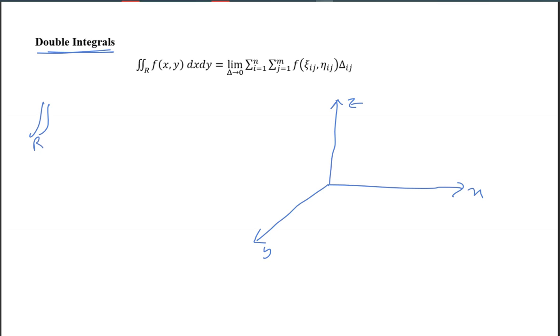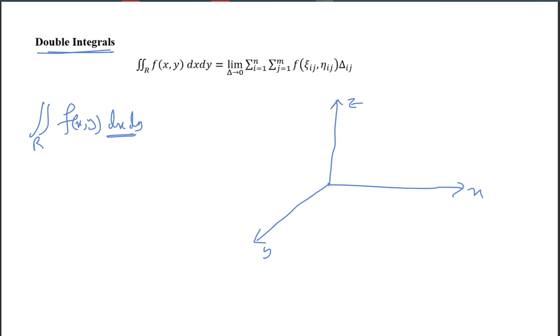The integration we write represents a double integration over a region. Previously we had integration along a curve. Now integration along a region. You have to integrate some function f of x y with respect to some area dx dy.